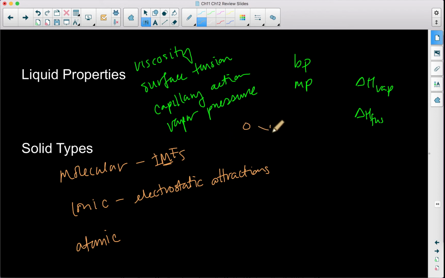So going back to water again, what holds one water molecule to its neighboring water molecule is called an IMF, whereas this is a covalent bond. That's not an IMF. These covalent bonds hold my water molecule together. IMFs hold one water molecule to its neighboring water molecule.